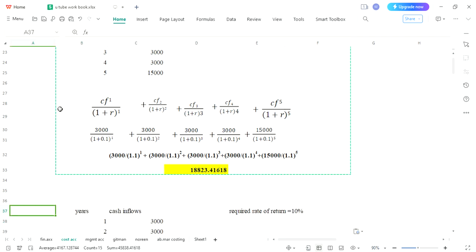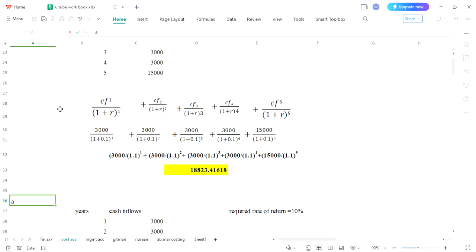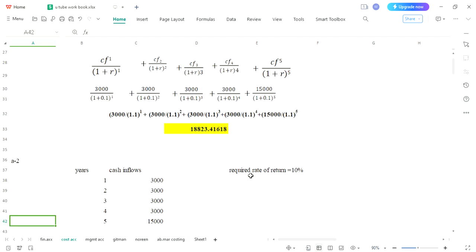So it's a good thing it is a second part. For this, we have our number of years, that would be the same. Your cash flows, that would also be the same. Required rate of return would be changed from 10%. Let's see what our question is saying.